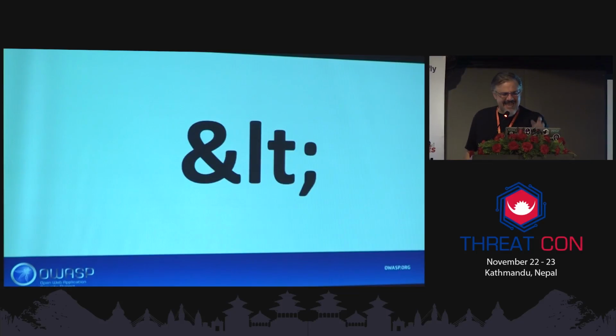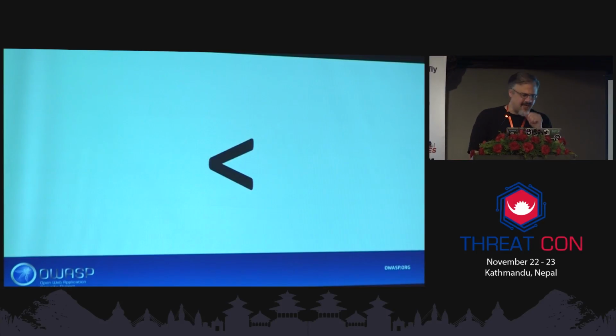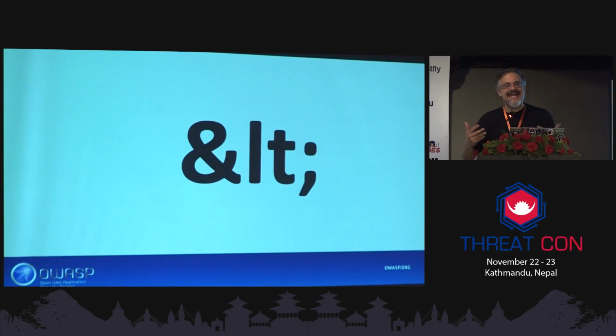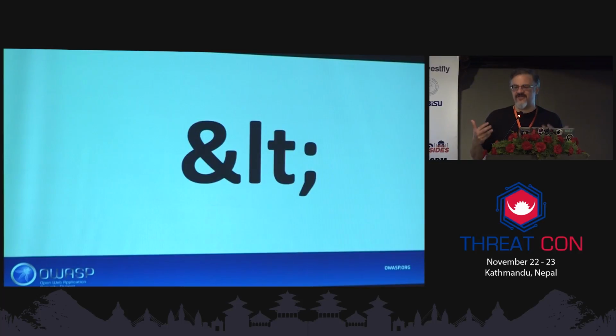We want to escape data. We want to take all dangerous characters like this and convert them to a form like this, which will display a less than symbol without treating it like code. This is the most important defense when doing any kind of injection defense.